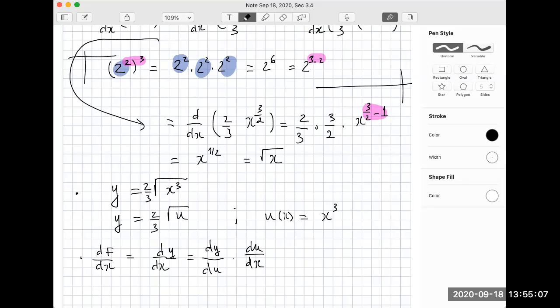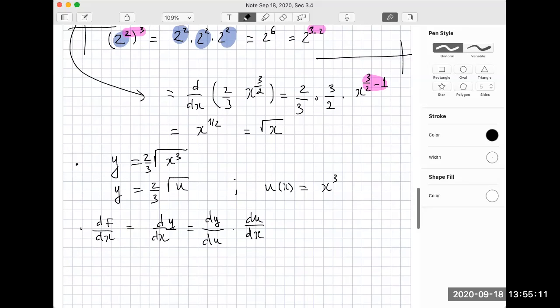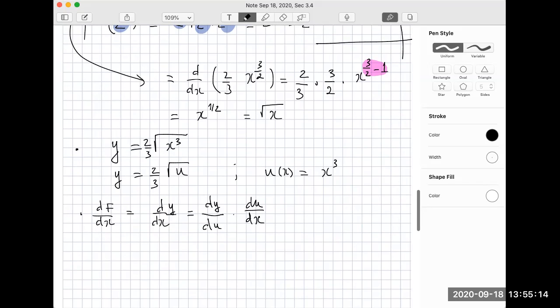Now, dy over du, in this case, will be d over du of 2/3 of the square root of u, right? Times du over dx, and u in this case is x cubed.